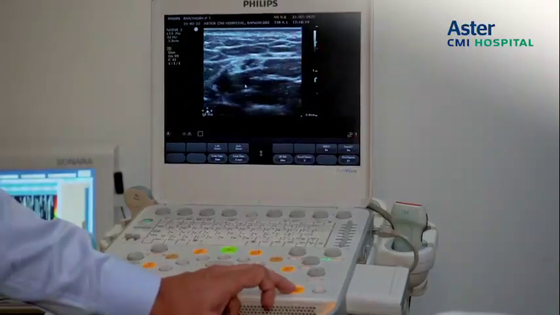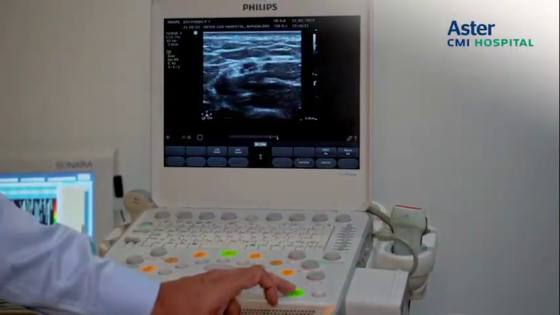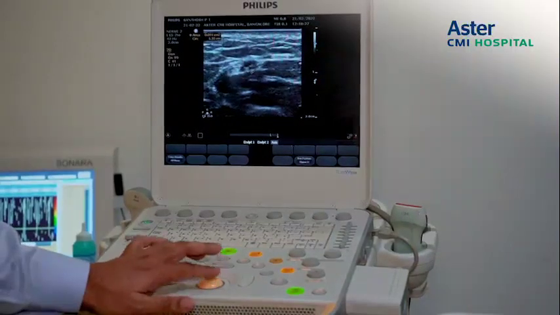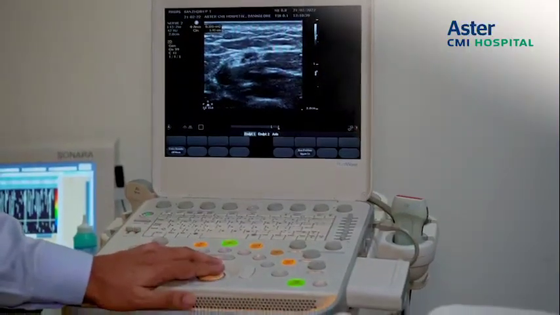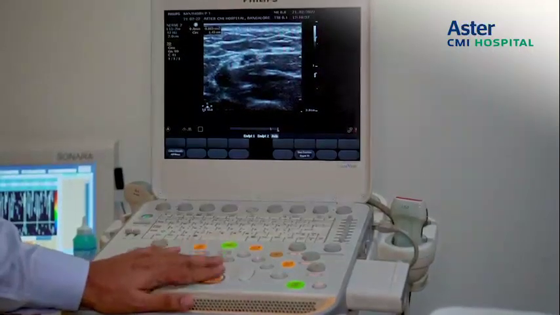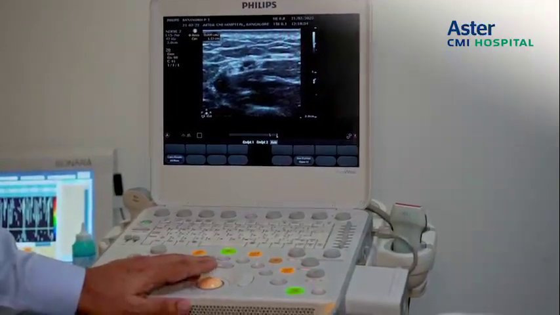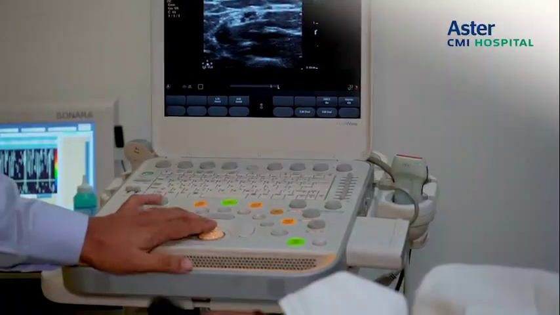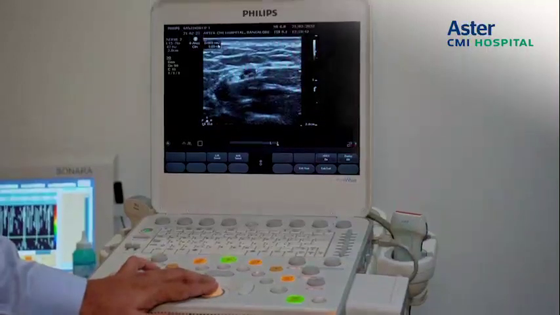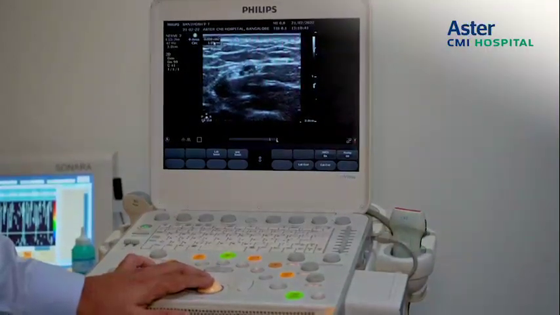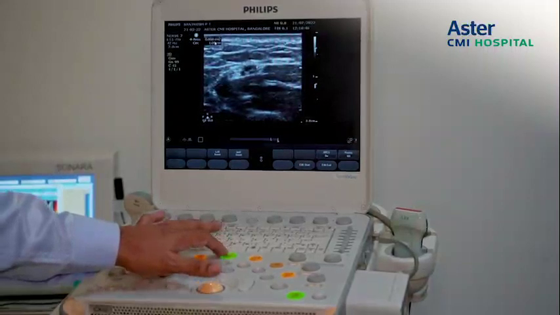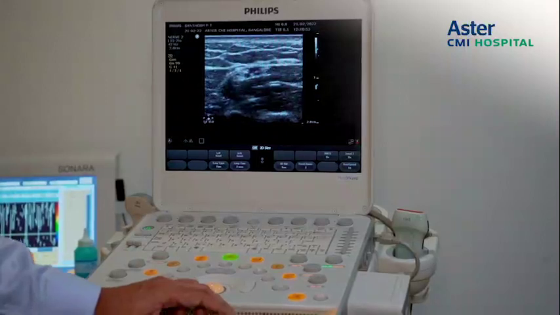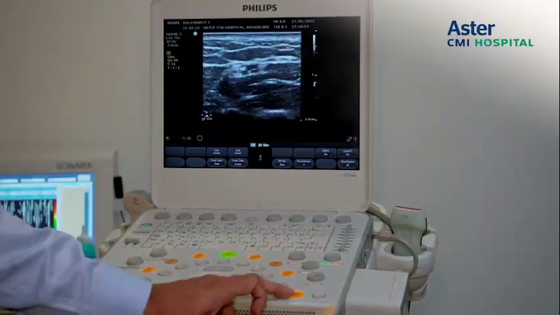We record the cross-sectional area of the nerve at predetermined areas, and we have this ellipse tool in this ultrasound, which automatically tells us the cross-sectional area of the nerve. In this case, it is 0.080 square centimeter, or 8 square millimeter. So this is a novel application which complements our clinical and electrophysiological testing.